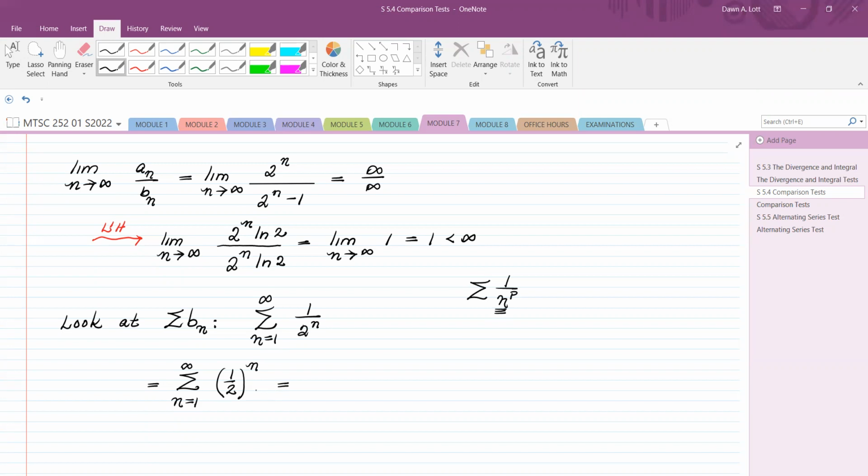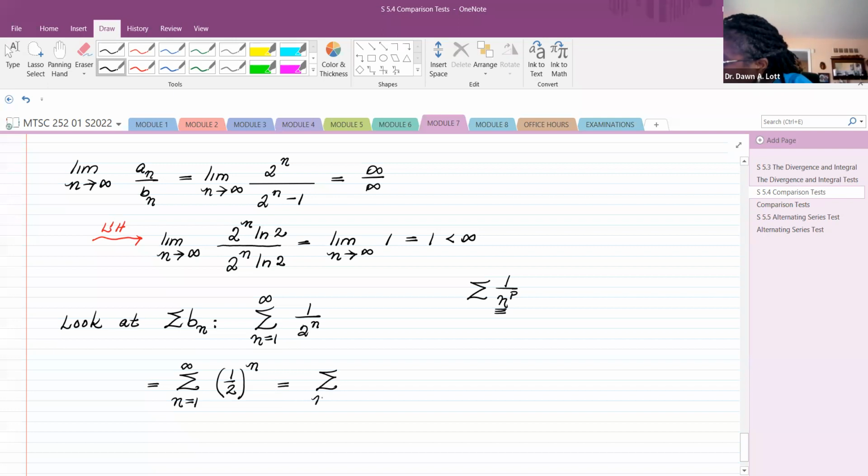No. Geometric series? Yes, this is a geometric series. Okay, so we know our geometric series to start, summation n equals 1 to infinity of 1/2 to the n minus 1, right? We know that that's what it normally looks like.